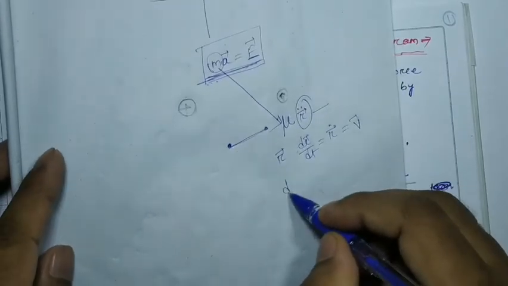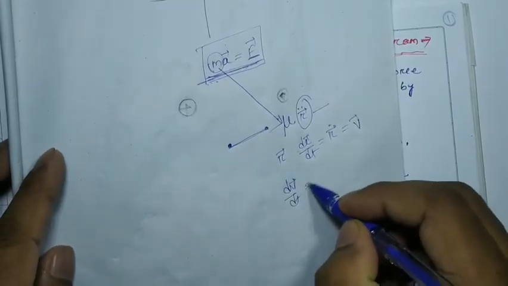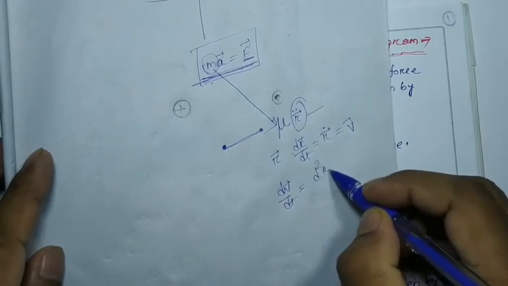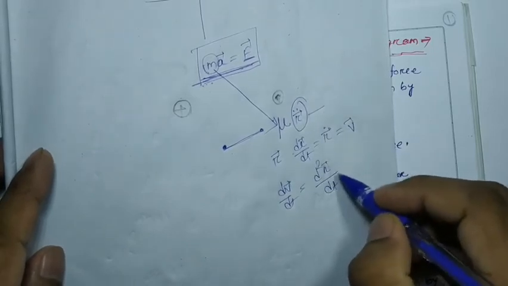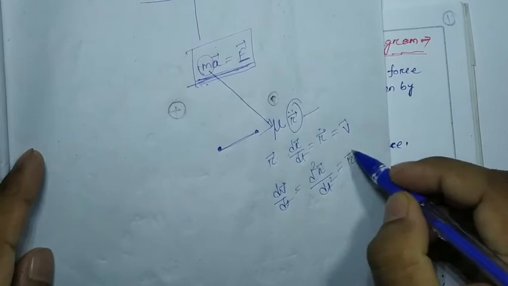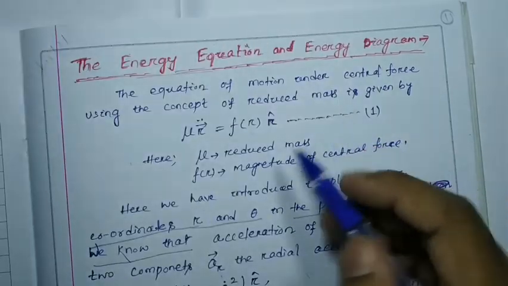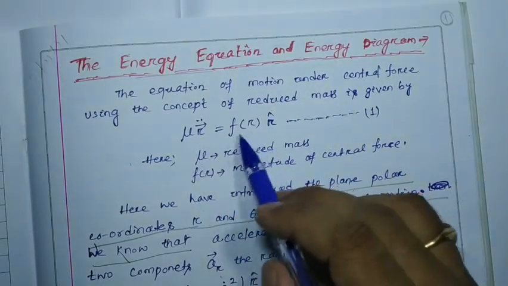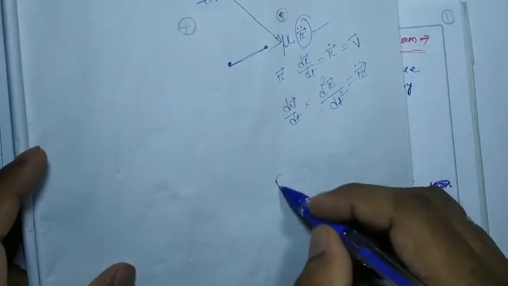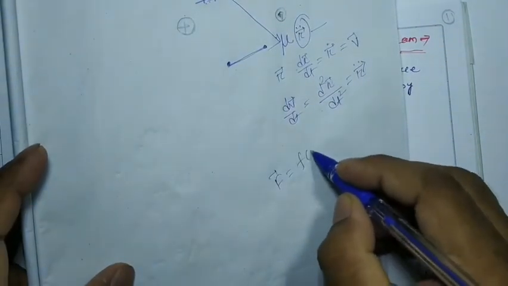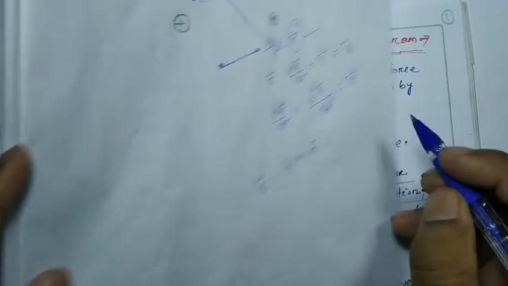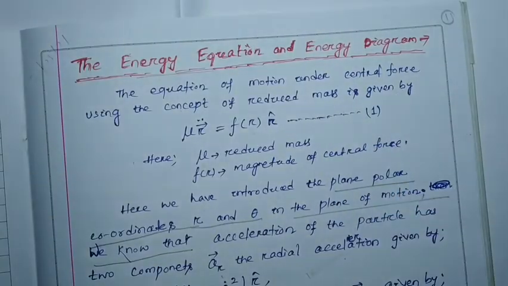Again, dv by dt is written as d square r by dt square, or r double dot, equal to force. This force is your central force, and it can be represented in this way. This is your equation number 1.